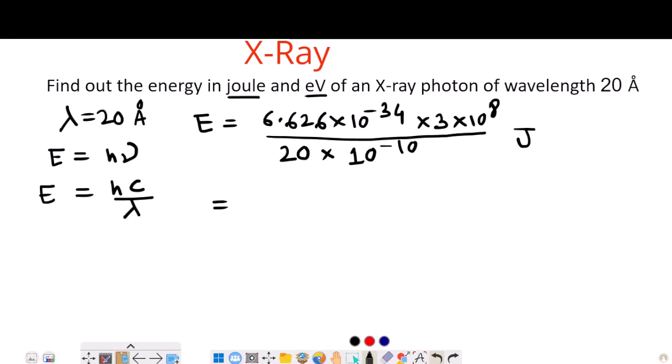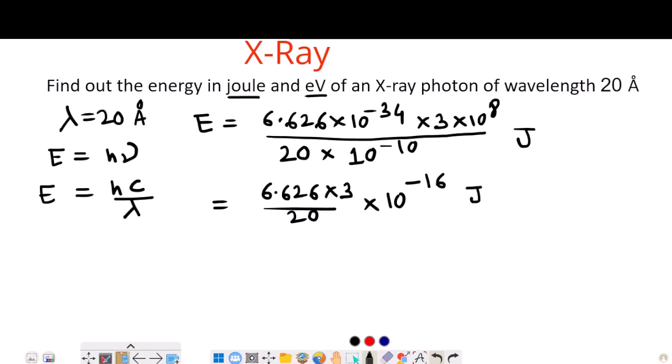Now if we calculate this, that is 6.626 into 3 divided by 20 into 10 to the power, so this is minus 10 plus 8, so 18, so this is equal to minus 16, 34 minus 18, so this is 10 to the power minus 16 joule.